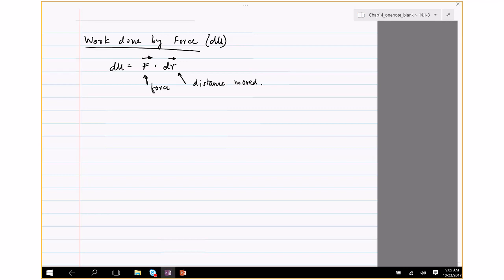Okay, so here are simple examples to illustrate this. If the application of a force moves the block by a distance dr in the direction shown, so linear displacement, then the work done in going from 1 to 2 is F times R2, which is the final position minus the initial position.